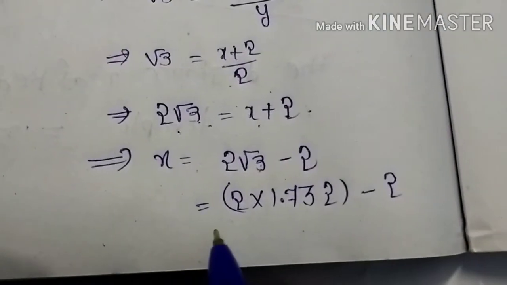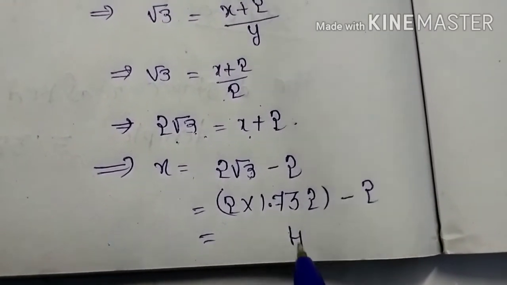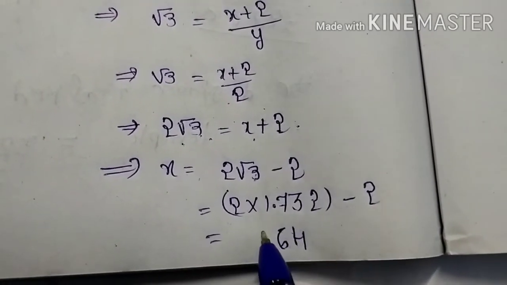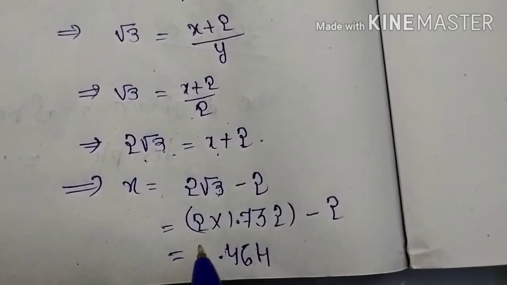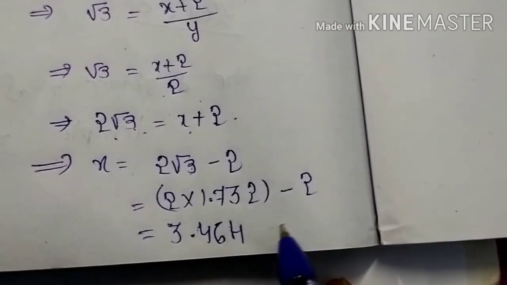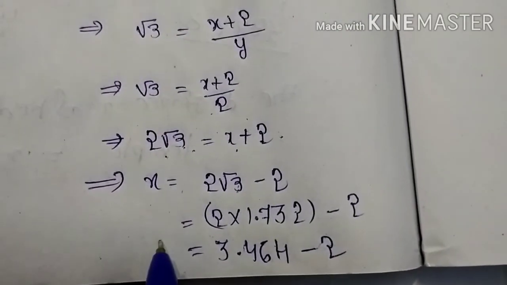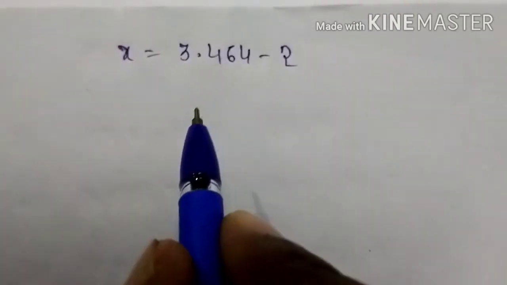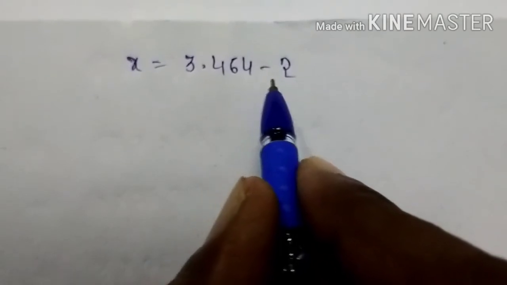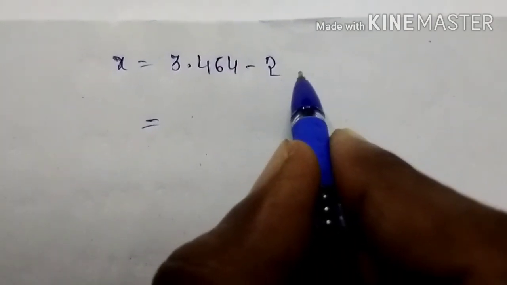2 into 1.732 minus 2. That means how much is your value? 2 times 2 is 4, 2 times 3 is 6, 2 times 7 is 14. Then with the decimal point, that gives 3.464 minus 2. X is equal to 3.464 minus 2. 2 means 2.000.